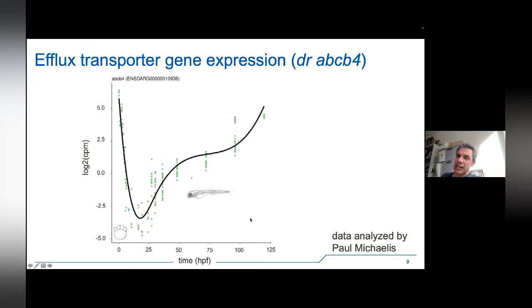And these data are actually from omics data, microarray and sequencing data. And Paul Michaelis, who works in our lab, analyzed the control data from experiments to look for constitutive expression of this transporter gene.